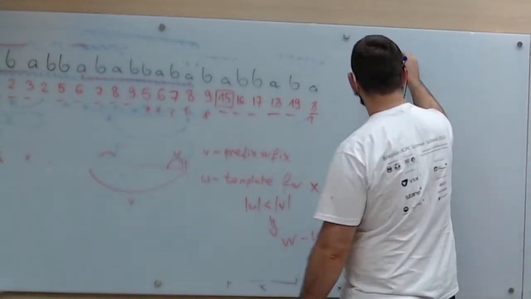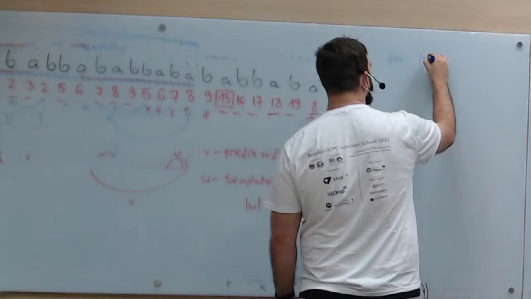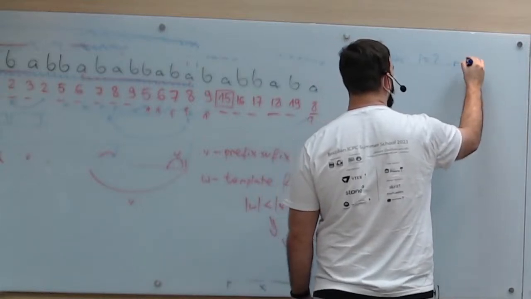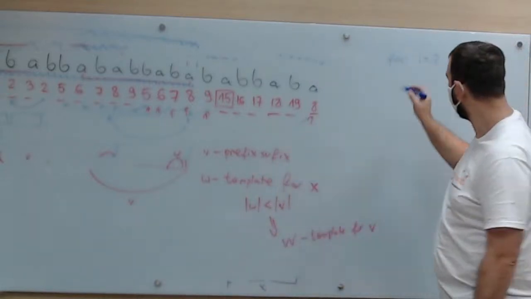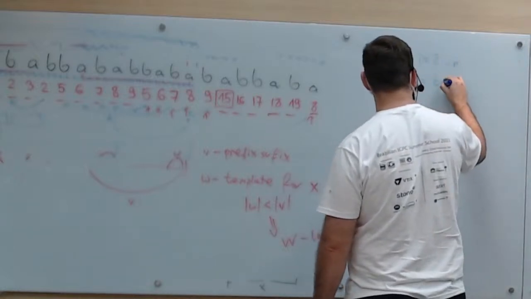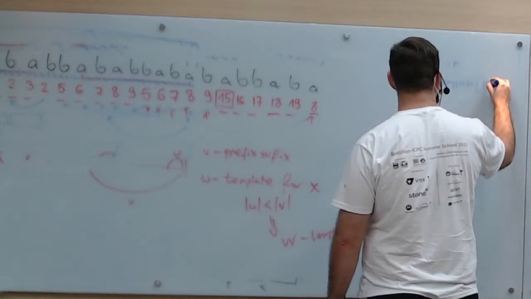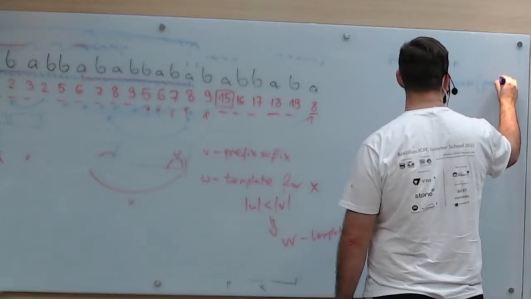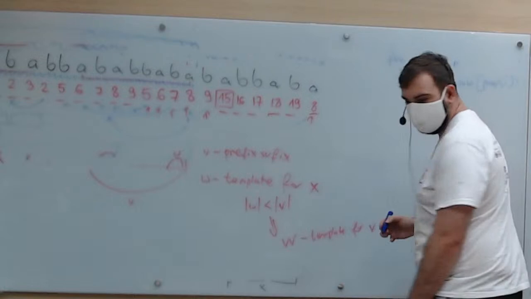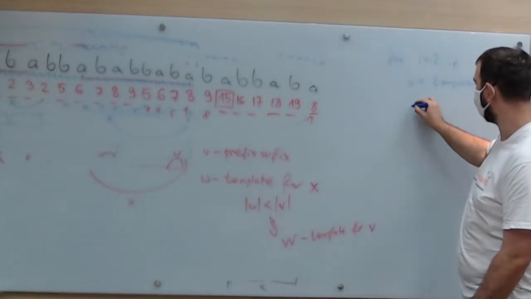So the algorithm is as follows. For i equal to 2 to n, S is a template from prefix suffix, I will call it ref of i. Then there's one condition I need to check.